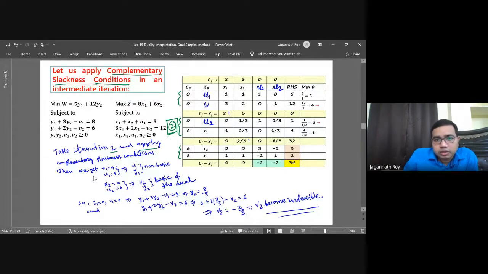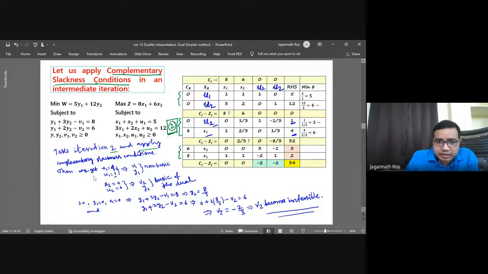So u1, u2. So x1 is 4 here, and u1 is 1. x1 is 4 and u1 is 1.